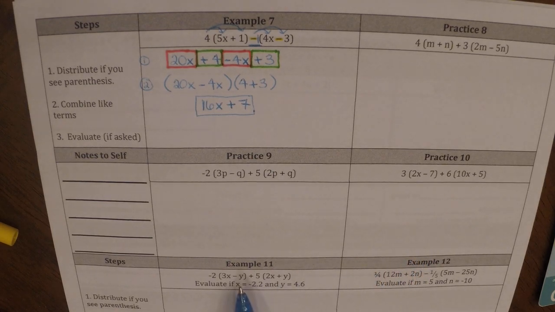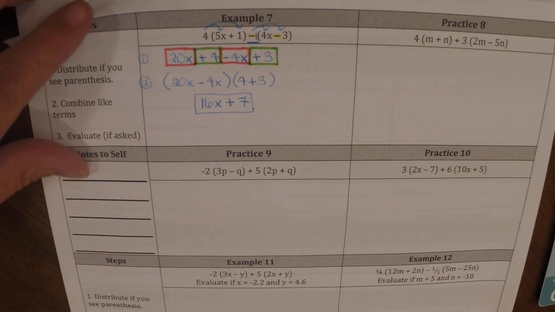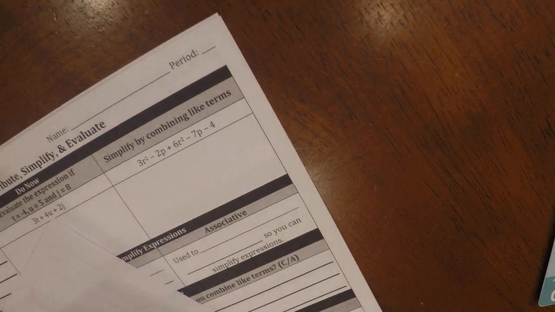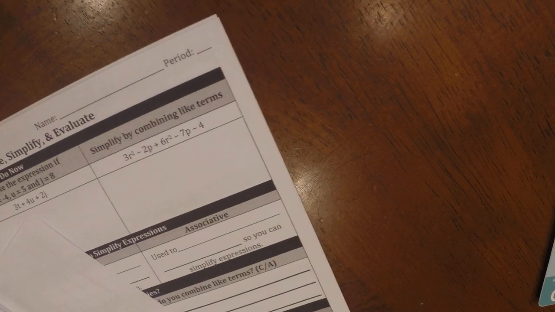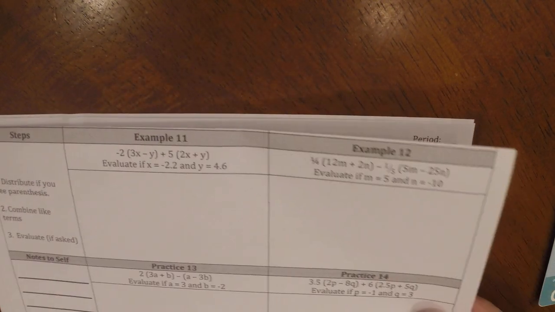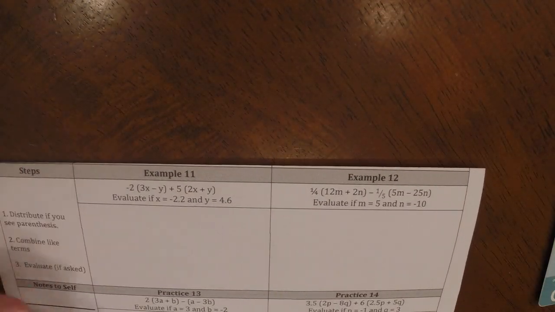So let's jump down to where it says example 11 and 12, and we are going to do these two together. Again, let me go ahead and fold my paper so that you guys can see what we're writing. There we go.